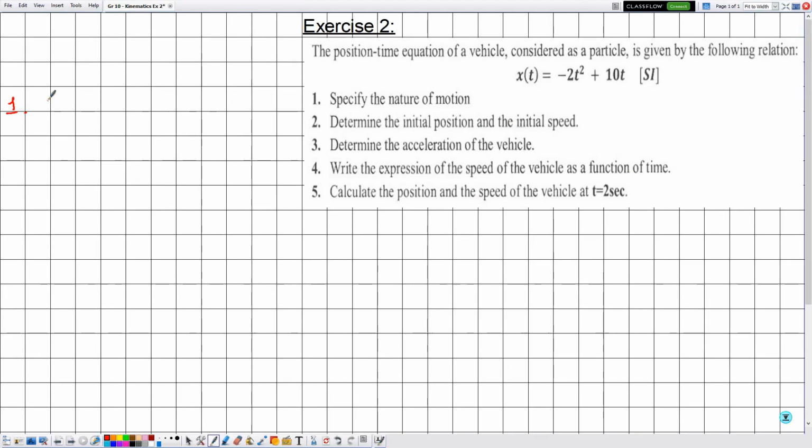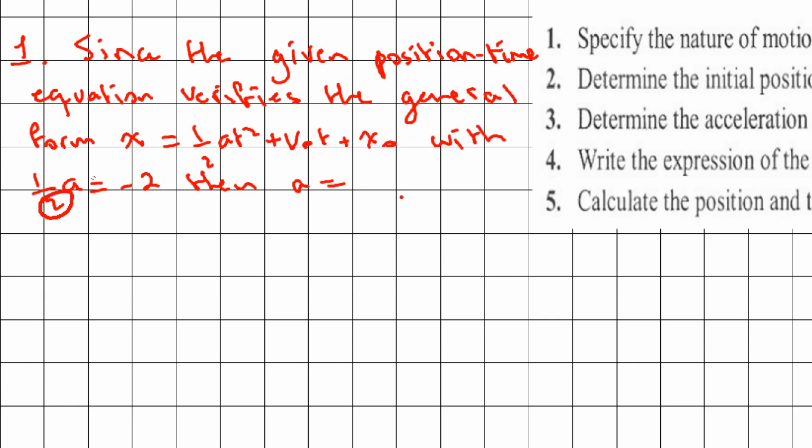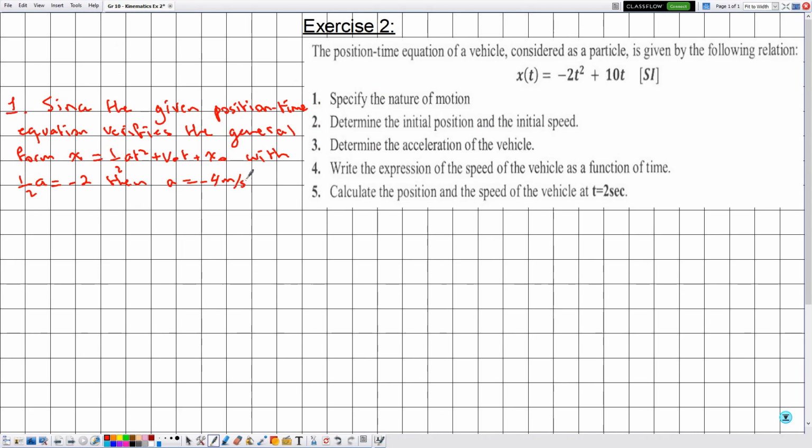So let's justify and say, since the given position time equation verifies the general form, which is given by x is equal to half a t square plus v0 t plus x0, with half a corresponding to minus 2, then in this case a is given by, if we multiply 2 by this 2, a is equal to minus 4 meters per second square, which is a negative number.